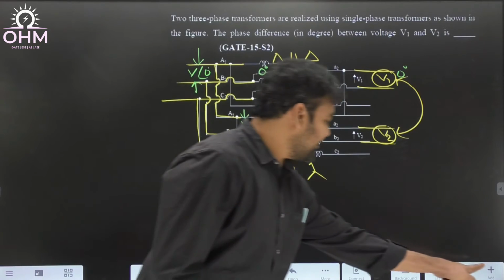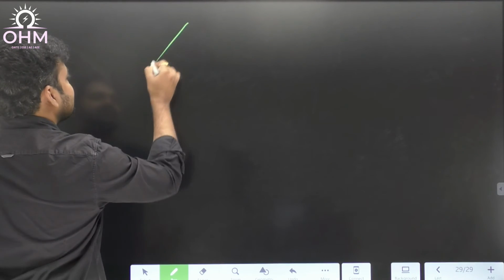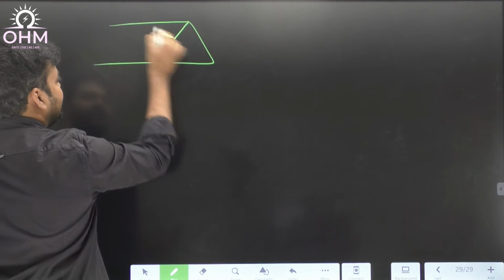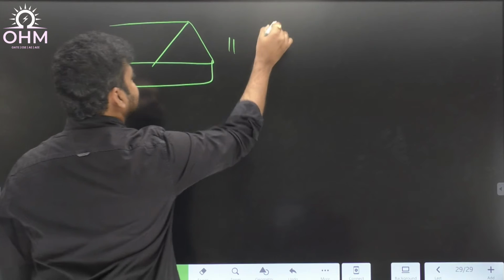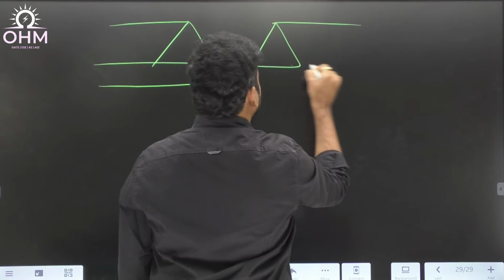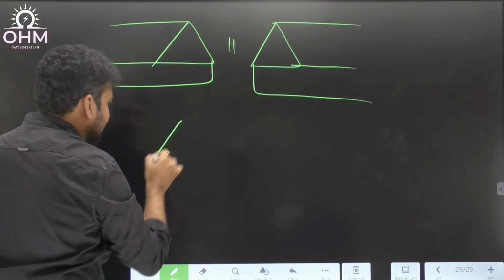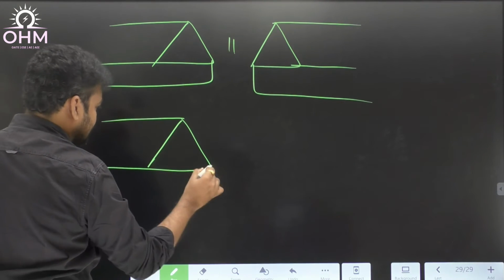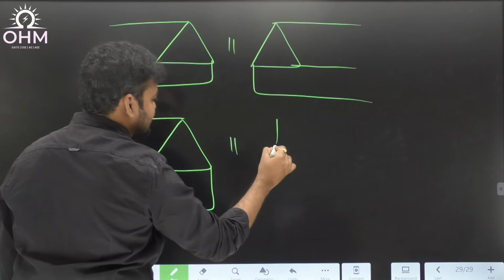If you are confusing, I will redraw the diagram. See, first transformer is a delta by delta transformer. Okay, but a second transformer is a delta by star transformer.